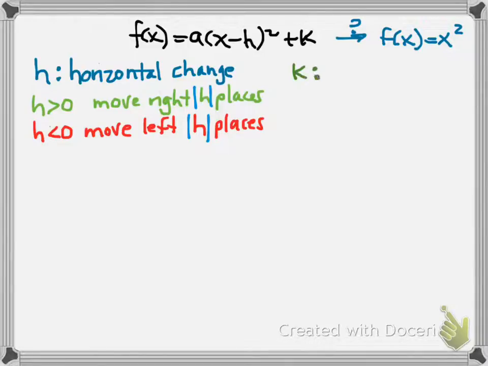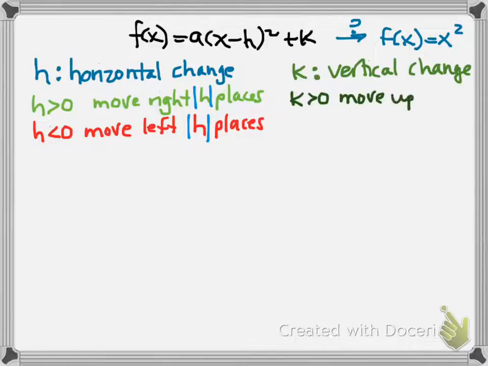And k, because he's away from the x squared, he's dealing with the y, so he is a vertical change. So up or down. And again, we broke it into two components. If k is positive, then you're going to move up k places, or k units.